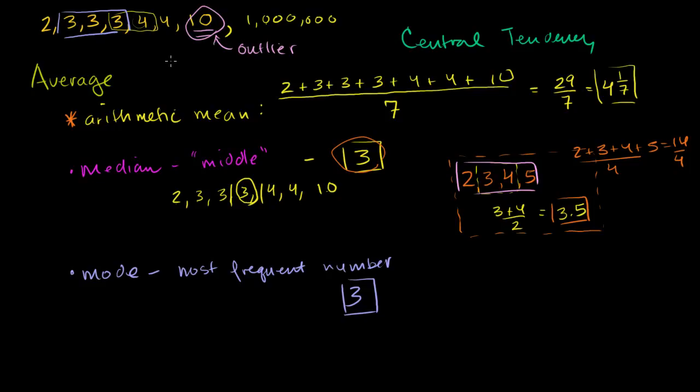You just want to give someone a sense of what the numbers are on average. And as we said, the arithmetic mean is what I see being used the most. But in situations where you might have numbers that would skew the arithmetic mean because they're so large or so small, the median might make a lot of sense.